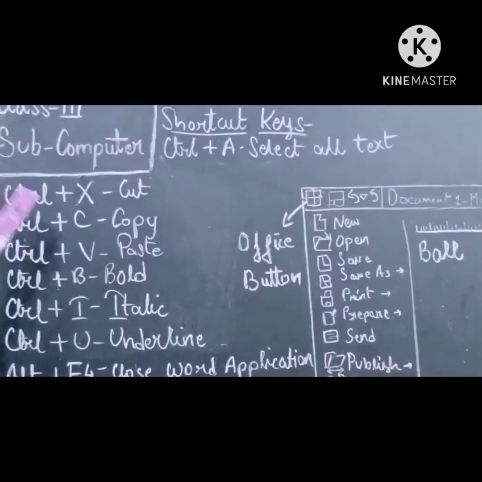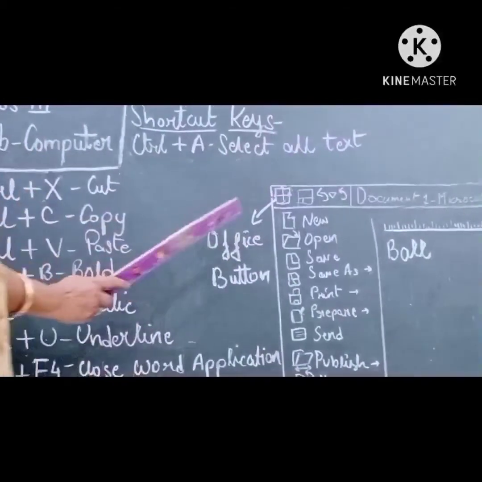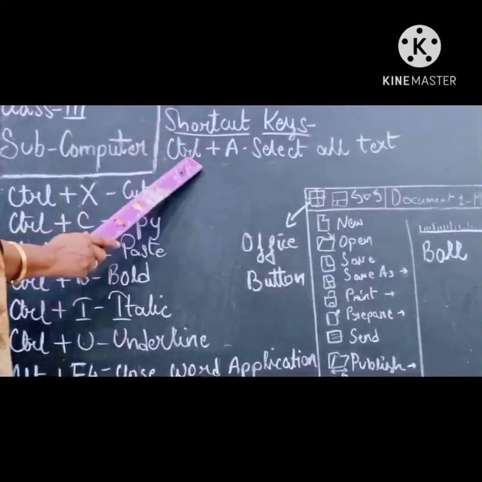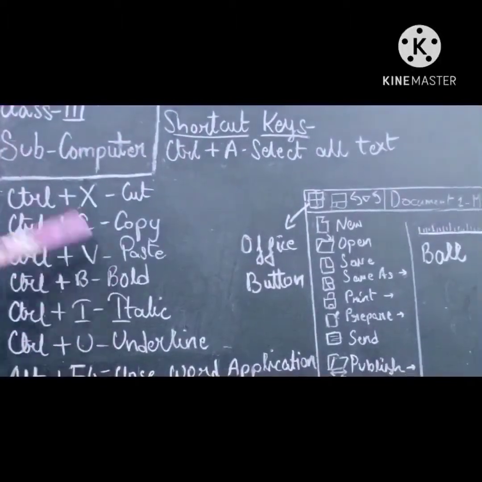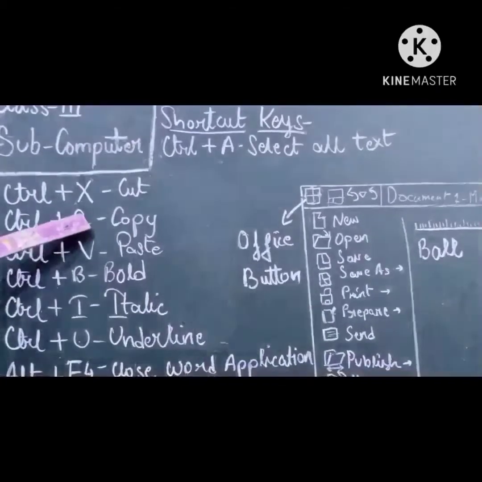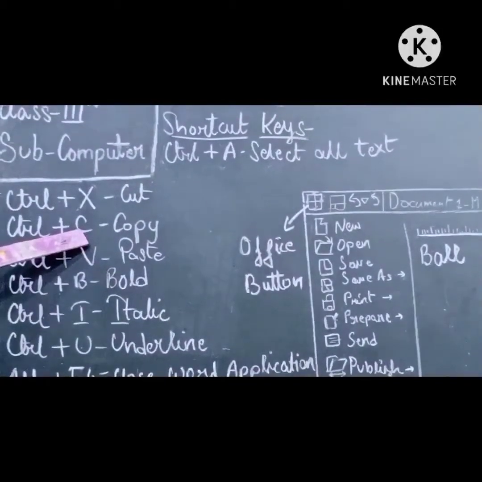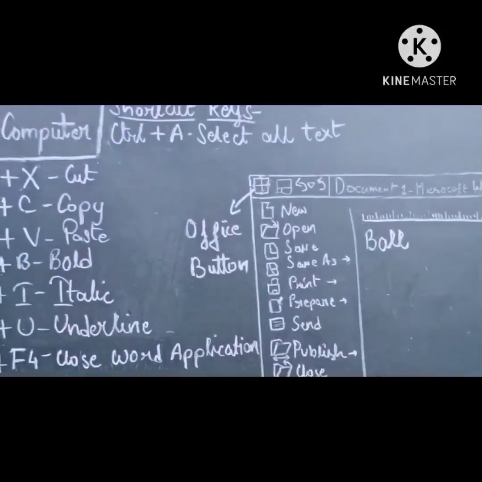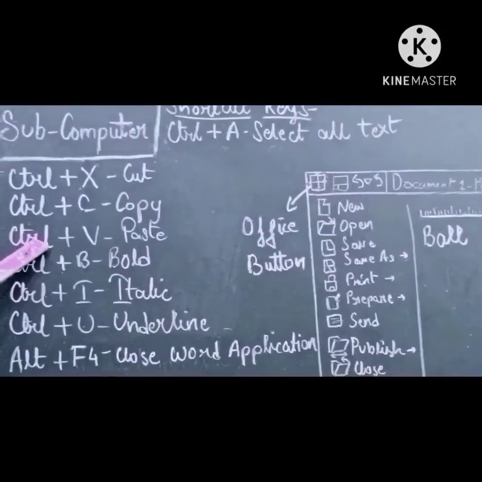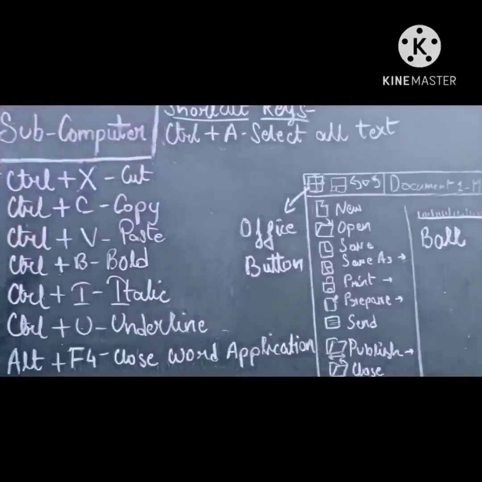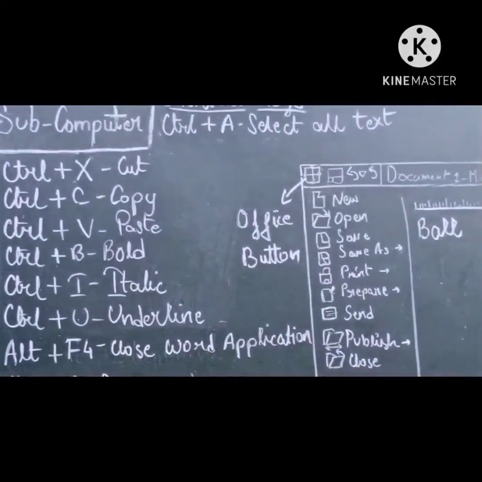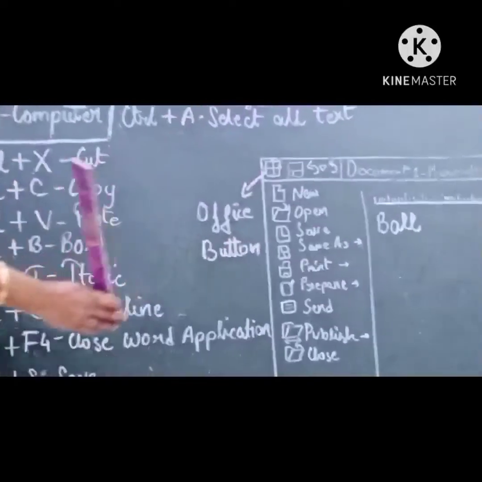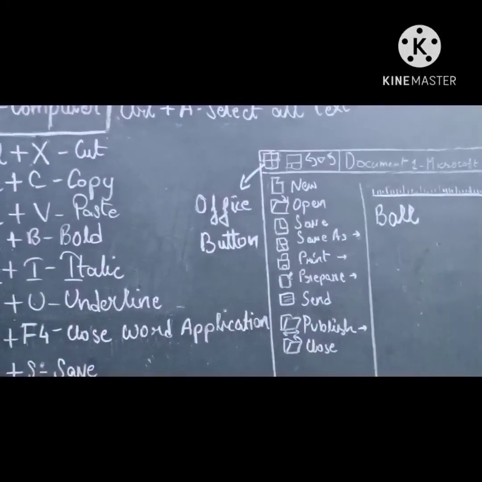If you want to copy the ball, select it with the help of Ctrl A, then press Ctrl plus C and then click anywhere where you want to paste it. Then press Ctrl plus V to paste your text. Your text will come wherever you want.